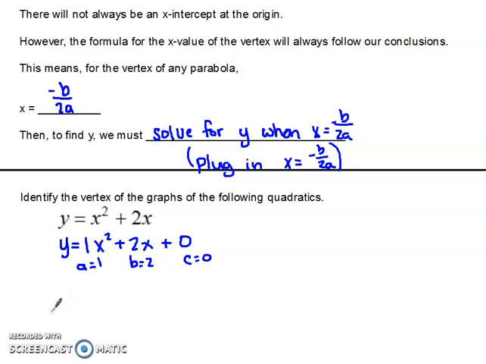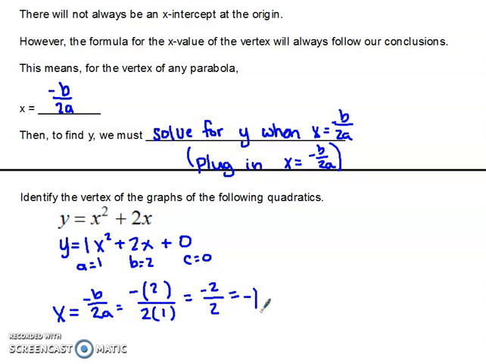So to find the x value of my vertex, negative b over 2 times a, I've got negative b, which is 2, over 2 times a, which is 1. So negative 2 over 2, which simplifies down to negative 1. So what I have found so far is that my vertex has an x value of negative 1.